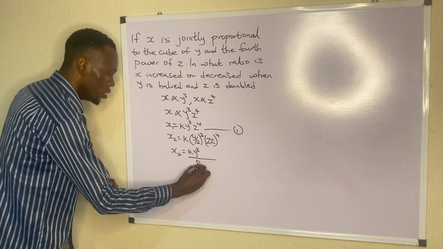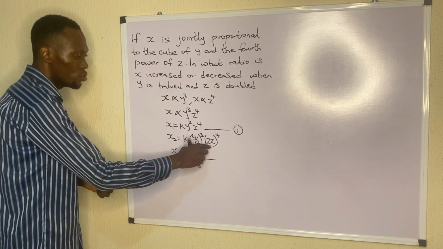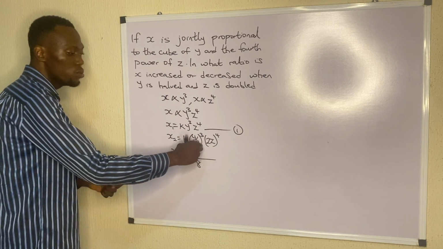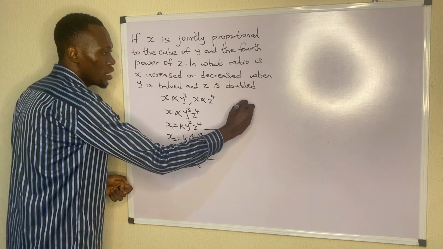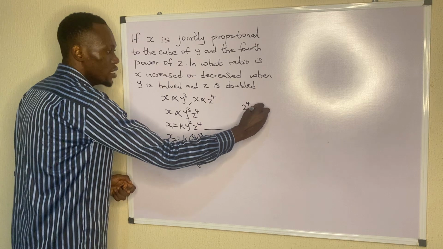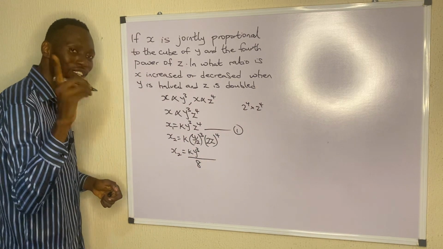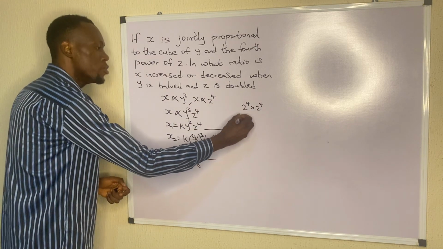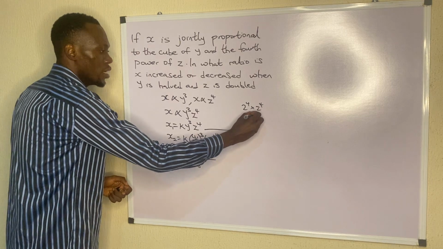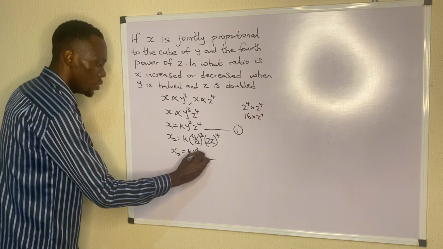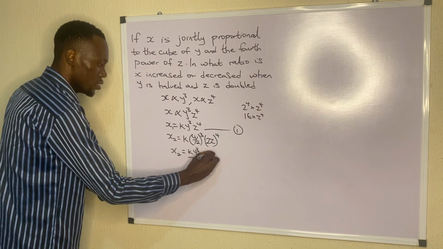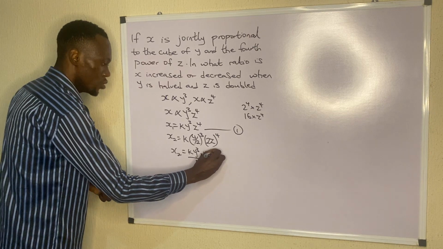So this will give me 8. Then we have 2z raised to power 4, which is the same as 2 raised to power 4 times z raised to power 4. Remember your indices. 2 raised to power 4 will give us 16, so I'll be left with times 16 times z raised to power 4.